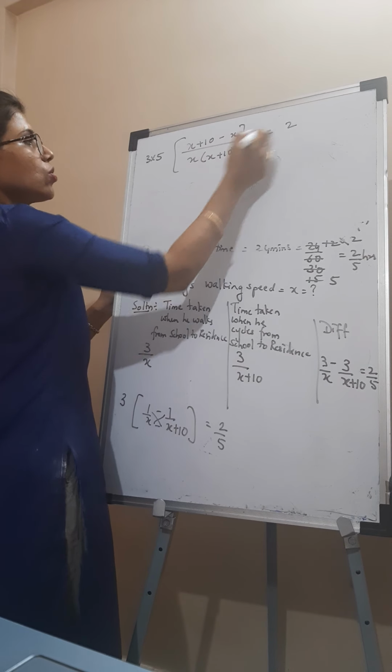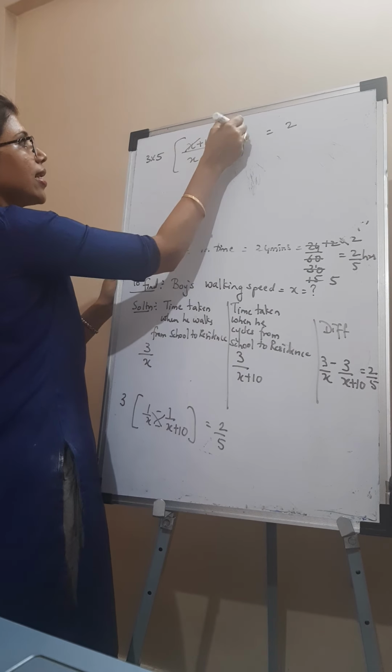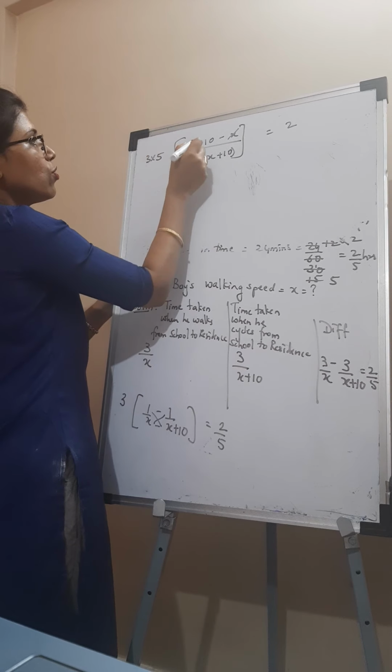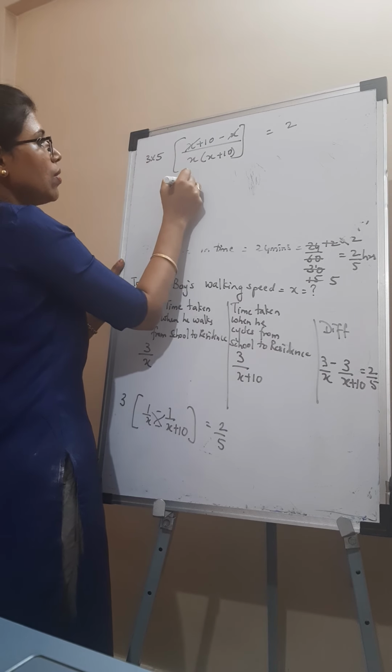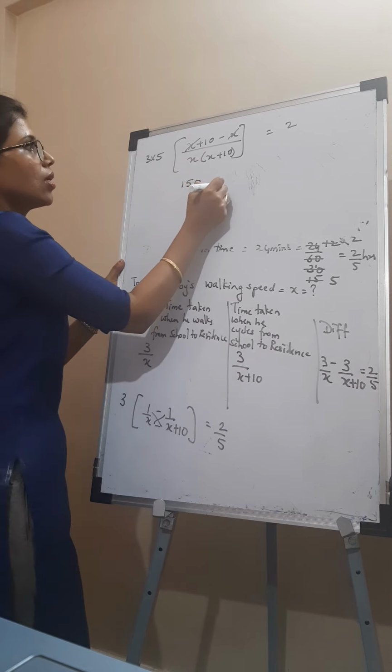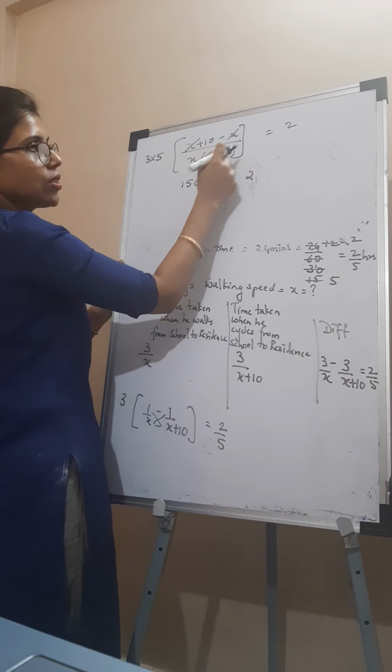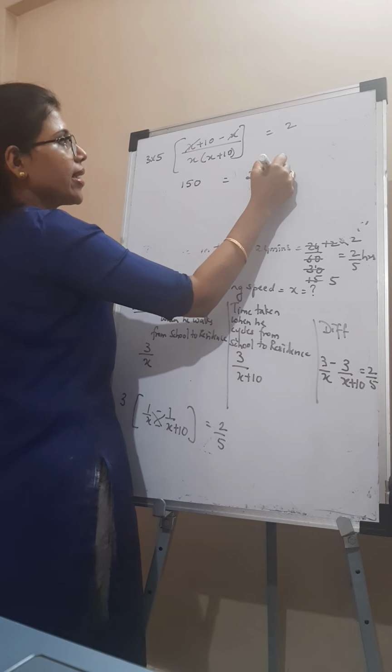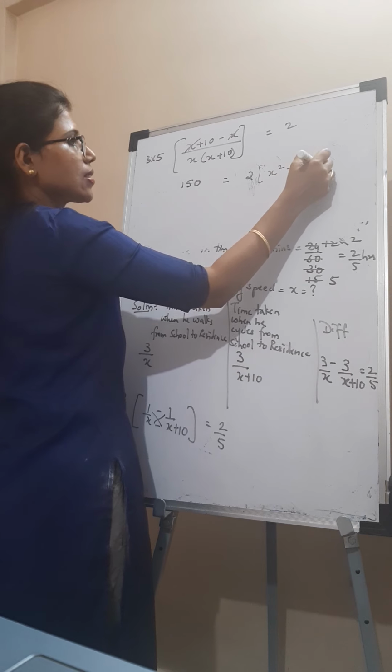Now I will take this over here. So first I will cancel x. I will write 3 into 5 into 10, which will be 150, is equal to, I will multiply this over here, so I will get 2 bracket x square plus 10x.